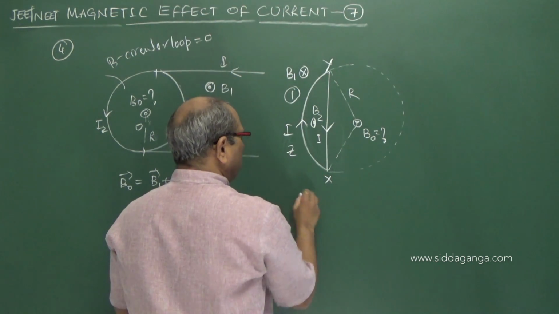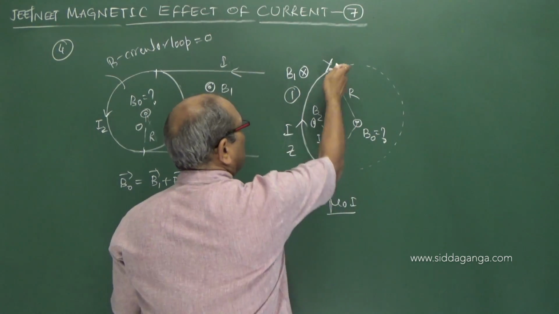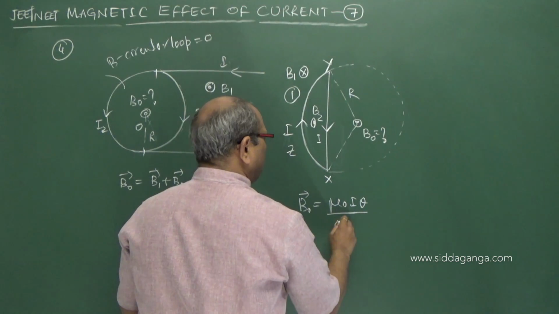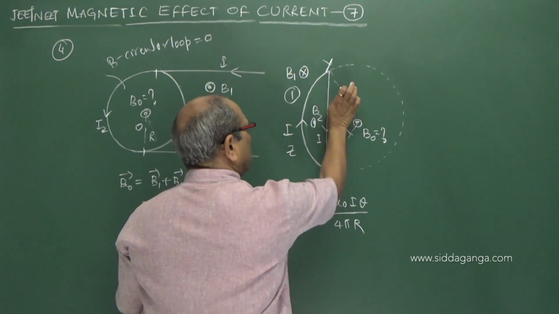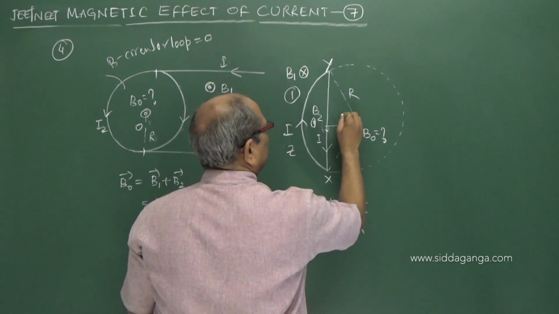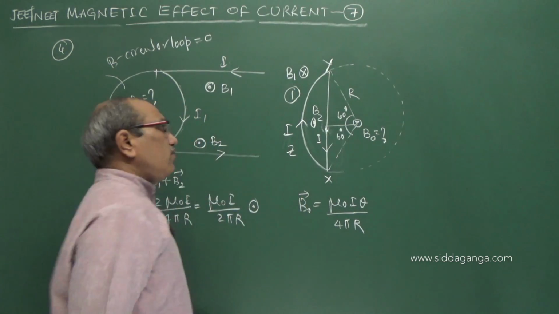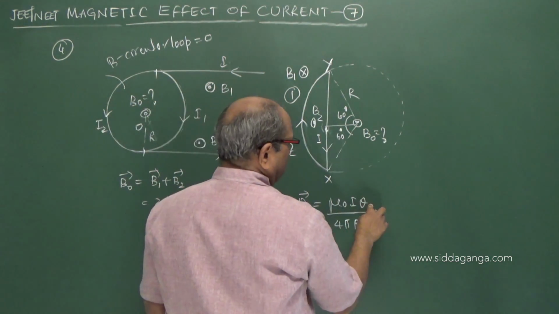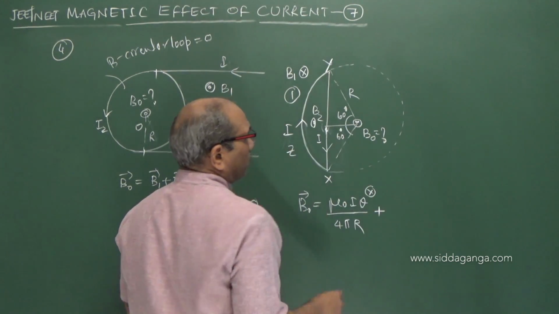So the magnetic field at the center is mu naught I by, this arc length, I use the relation mu naught theta by 4 pi r. This theta, if they give the values, may be 60 and 60 degrees. So this total is 120, and it is into the board.